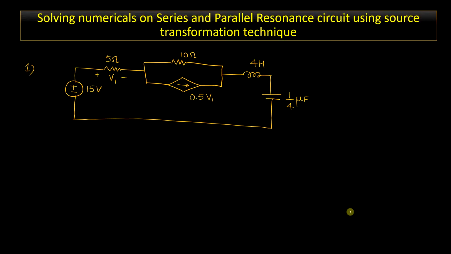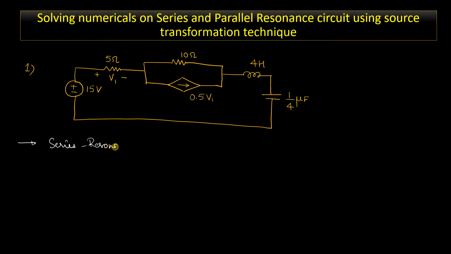First we need to identify whether the circuit is a series resonance circuit or a parallel resonance circuit or neither. Here you can see the first circuit that we have specified. These circuits are mainly using the concept of source transformation. So you can see this is basically a series resonance circuit.